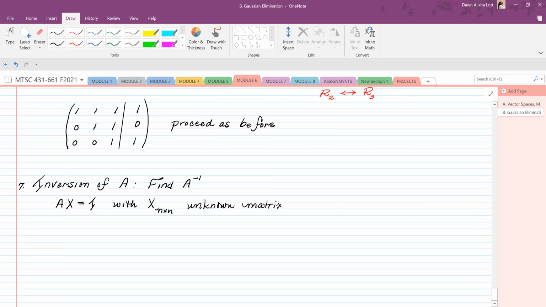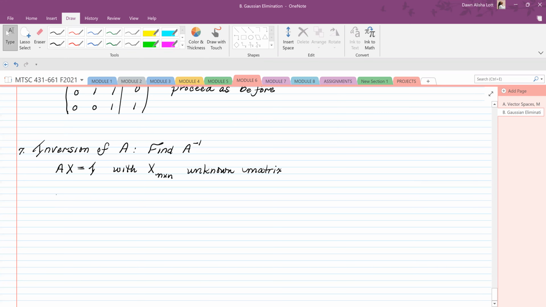X is a matrix that has x1 vector, x2 vector, all the way up to xn vector. And I is the matrix that has e1 vector, e2 vector, all the way up to en vector.